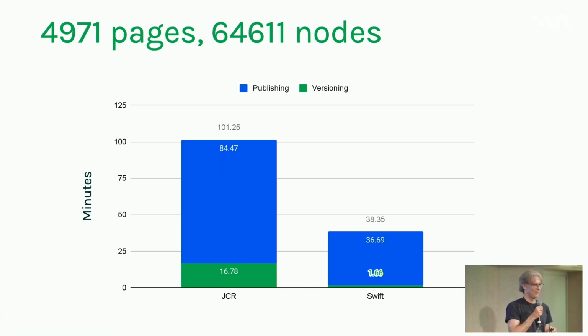On the right side, with Swift publication, we could cut that down to just 40 minutes. And I would assume that the number goes further down with some recent optimizations that we've done to the code. This measurement is a couple of months old already. The numbers were taken with 3 public instances. We had S3 in the background, and 3 public instances in 3 different geographical regions.